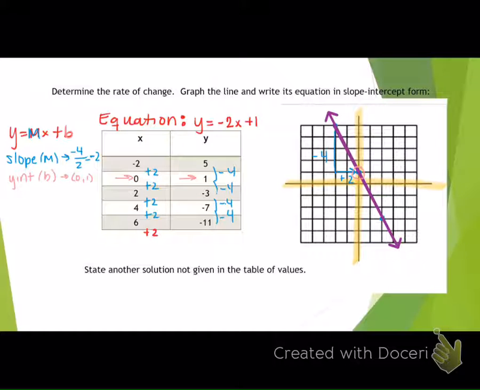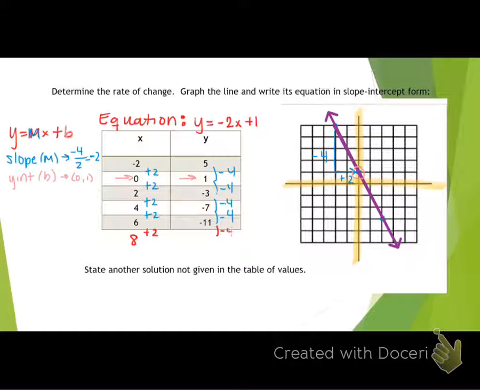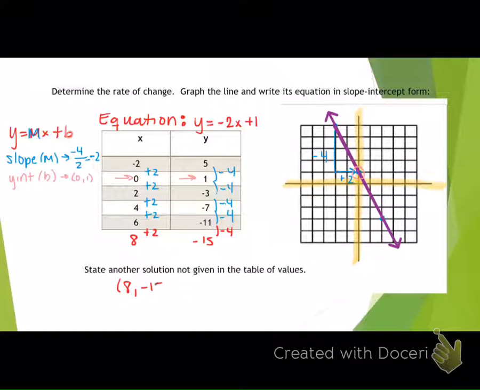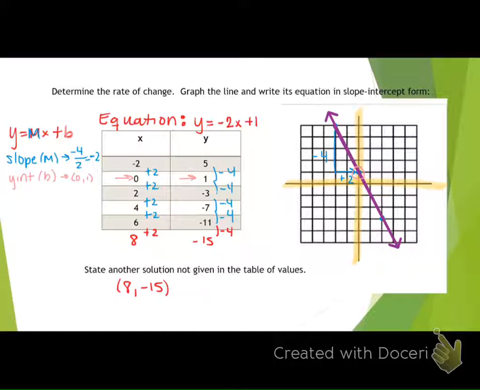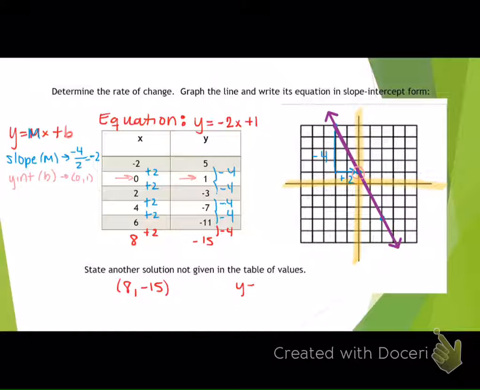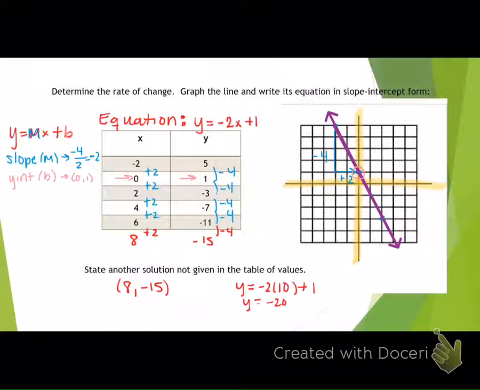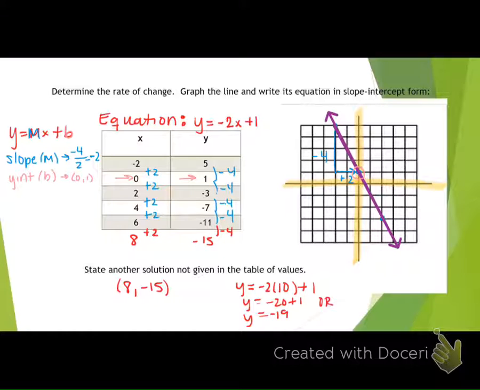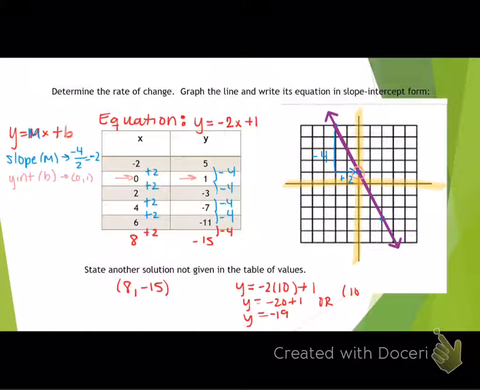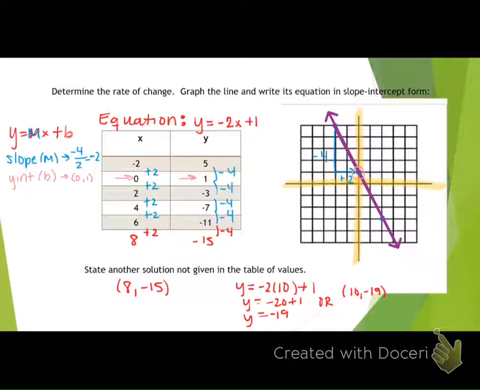So continuing the pattern here, 8, negative 15. Or you could just choose any value for x. So if you give me any number, I would just say 10, right? You can literally just plug that in for x and figure out what y is. So negative 2 times 10 plus 1. That's negative 20 plus 1, so y is negative 19. So that is 10, negative 19. So that's another way you could have done it.